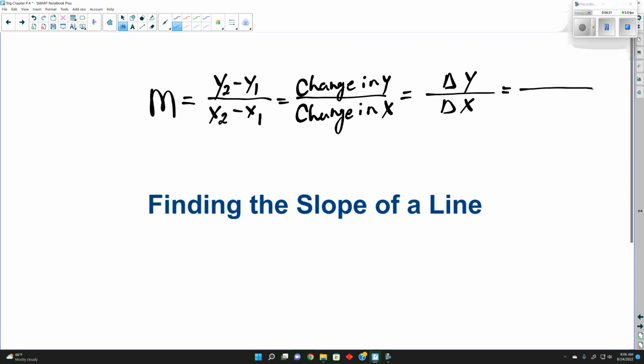Or we can say f of x2 minus f of x1 over x2 minus x1. Change in y over change in x. The new x value over the old. f of x is just another way to write y. Our new y minus the old y.